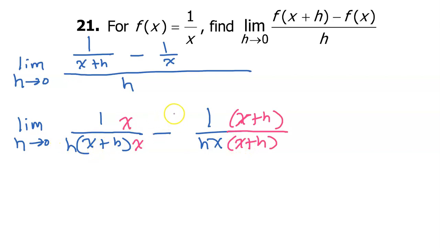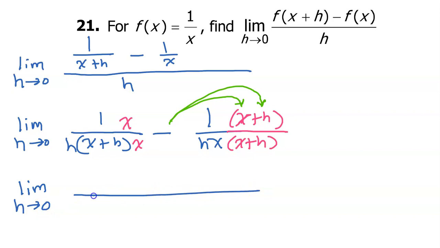So I think I will skip that step this time that I told you about on the last problem. This subtraction, please understand that this has to distribute, and it will change the positive h to a negative h. All right, please avoid that common mistake. So the limit as h approaches 0. All right, one big happy fraction.